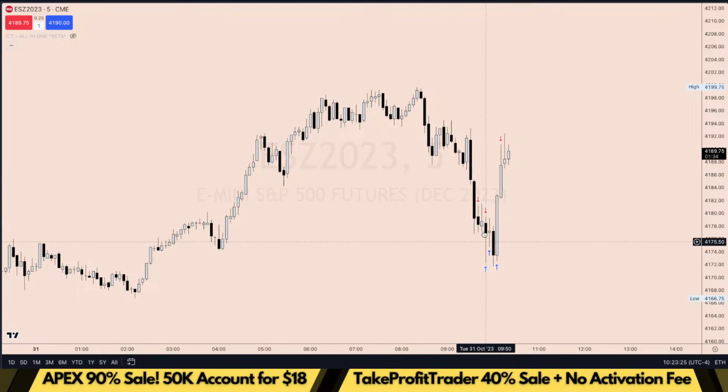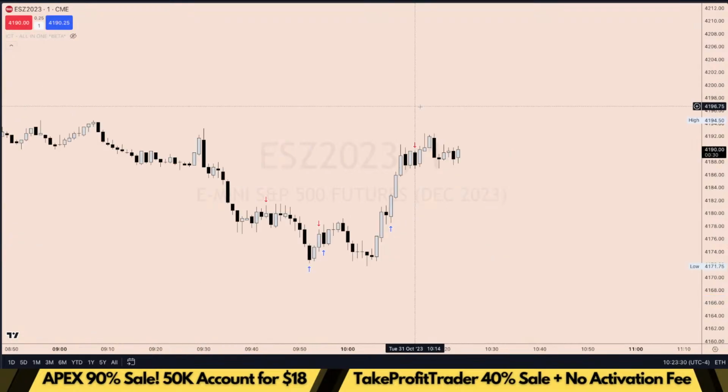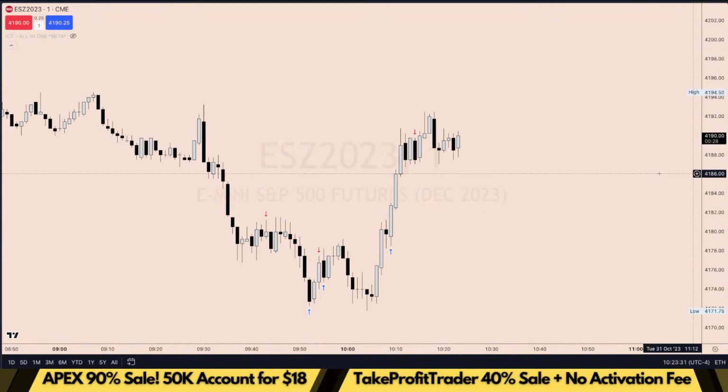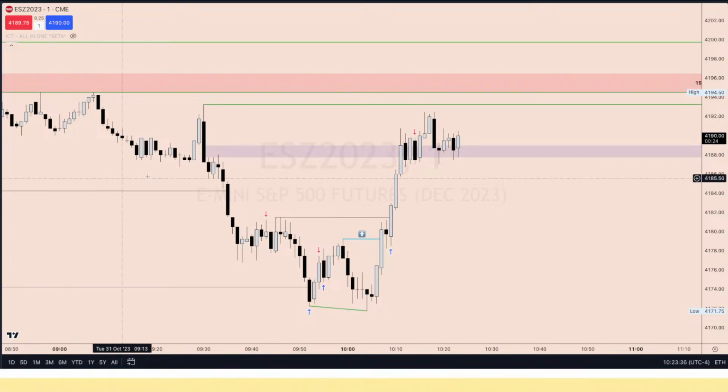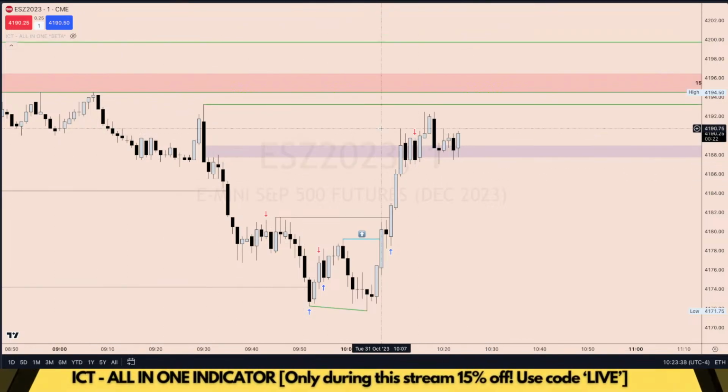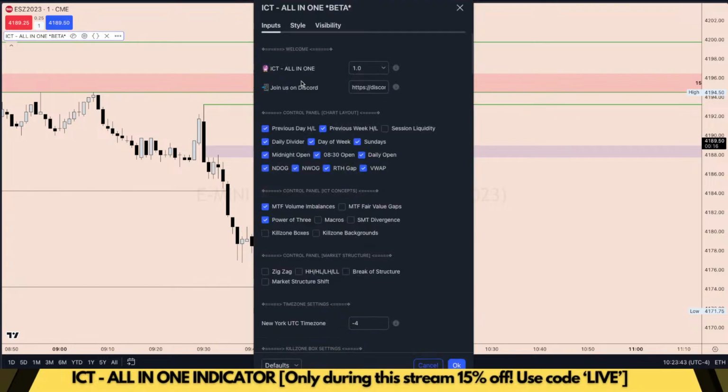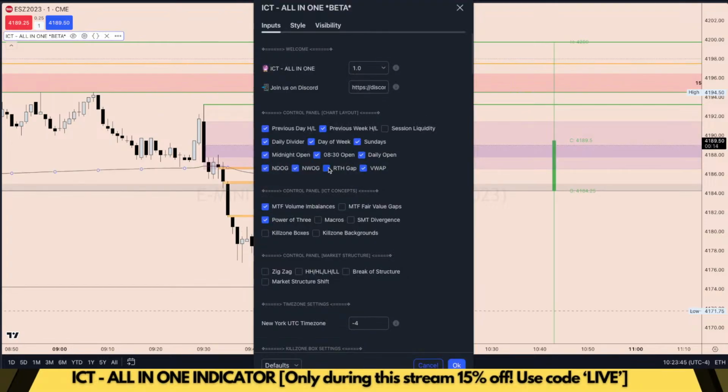Inversion, same on the 15. Go to the 1-minute time frame and we continue to consolidate until tomorrow, Fresky. Tomorrow is a new day. Turn on the indicator again and get rid of the regular trading hours opening gap.